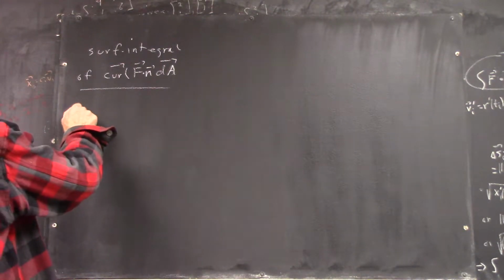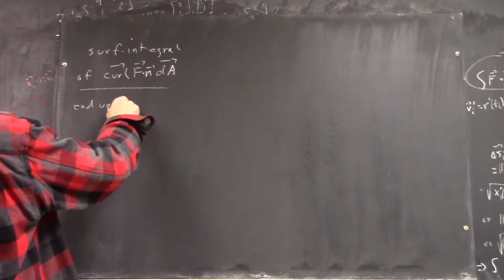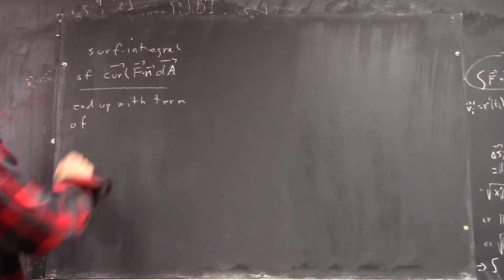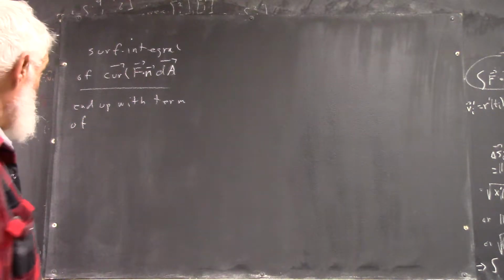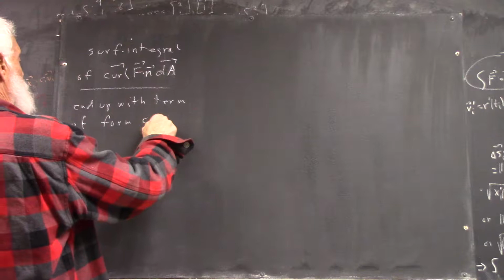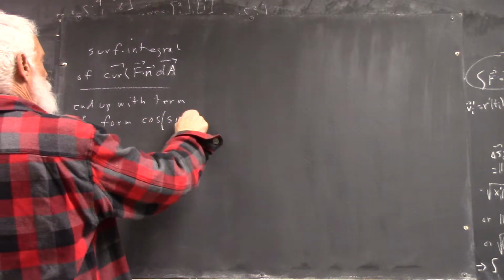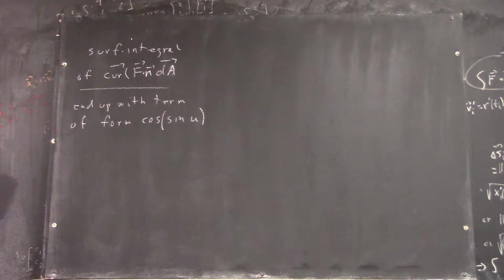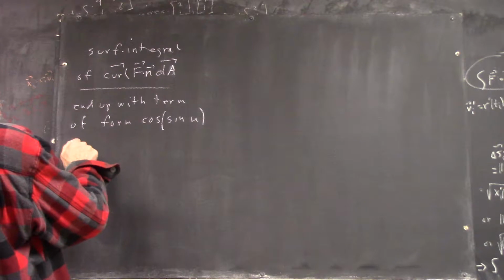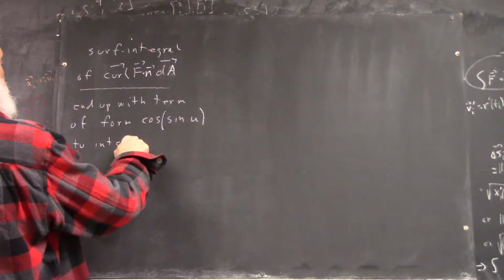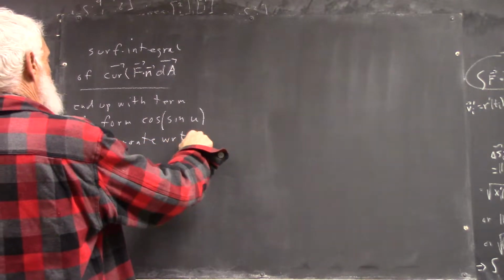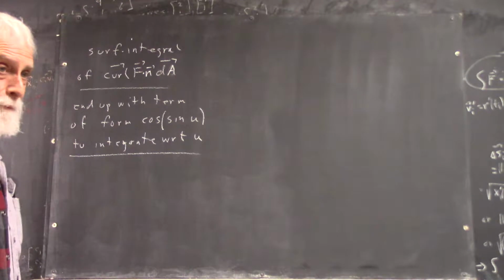And you end up, no matter how you try to parameterize this, with a term of the form, maybe it's a cosine of a sine of u or cosine of a cosine of u, okay? And you've got to integrate that with respect to u, okay?